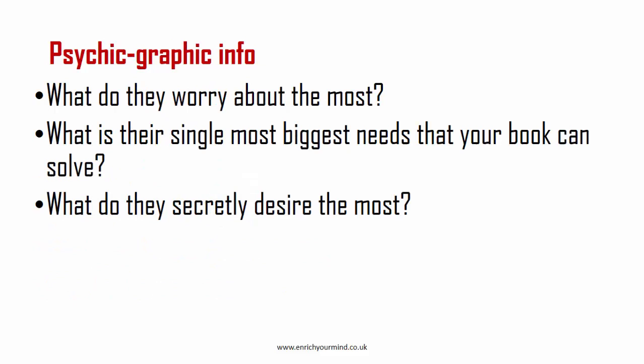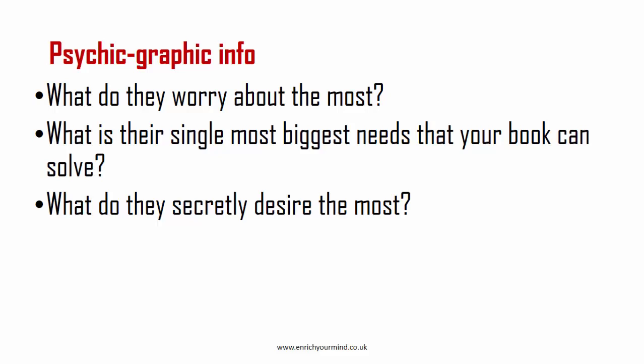The third is the psychographic information, which is, what do they worry about the most? What is their single biggest need that your book can solve? And what do they secretly desire the most? So if you're writing a book on money, you should know what your ideal readers worry about when it comes to money.